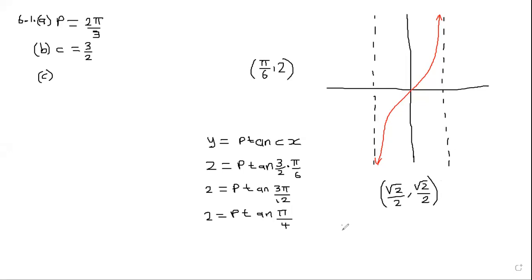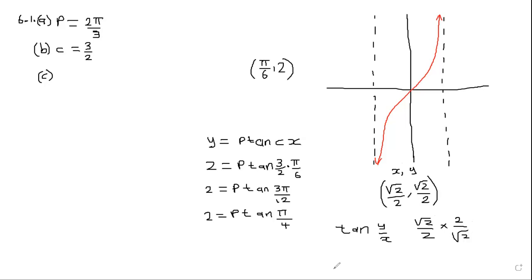And we know that tangent is the same as saying y over x. So we can take y over x, which will be square root 2 over 2 all over square root 2 over 2, or multiplying by 2 over root 2.